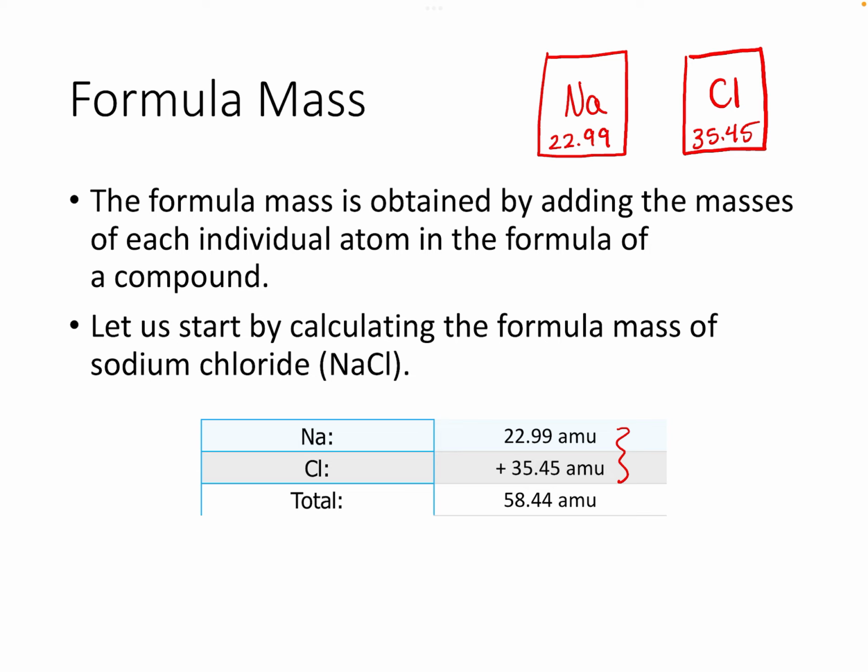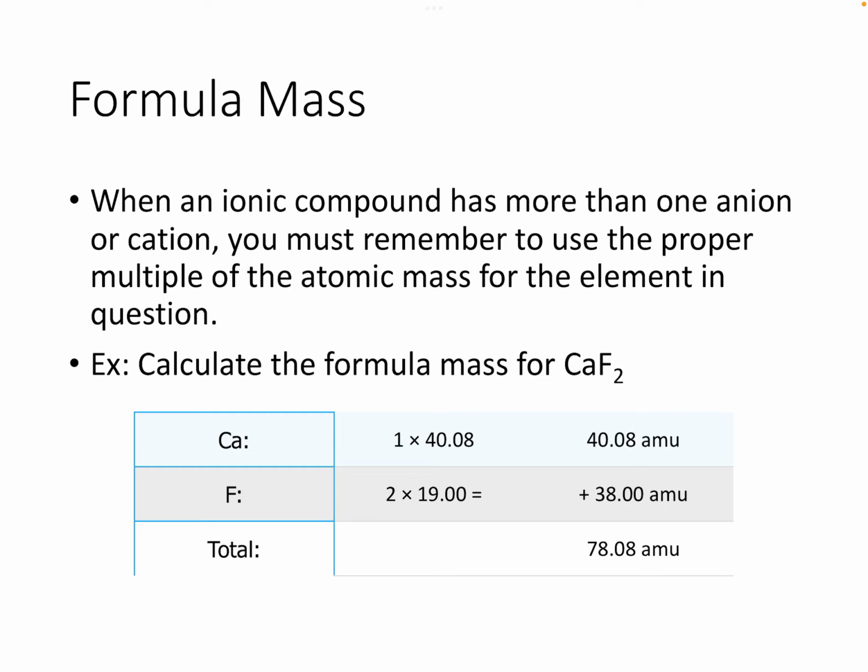All right, so let's do another example. Let's look at calcium and fluoride. If an ionic compound has more than one anion or more than one cation, we have to remember to multiply it by the appropriate amount.